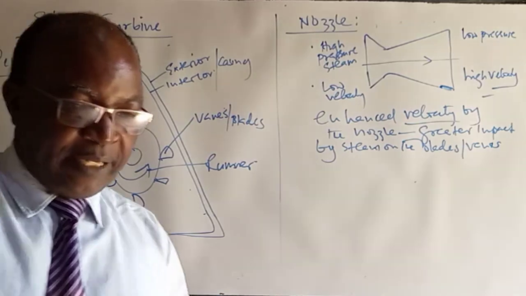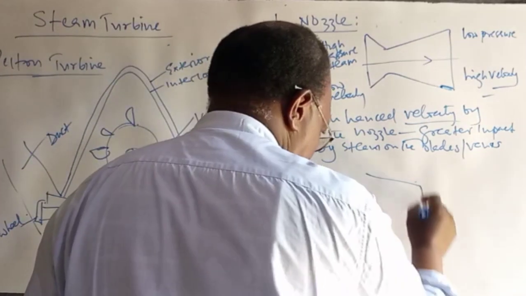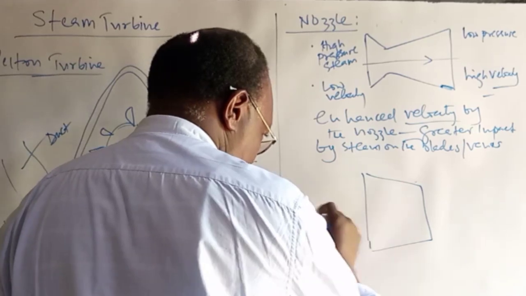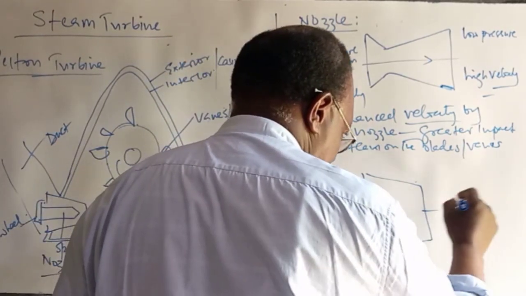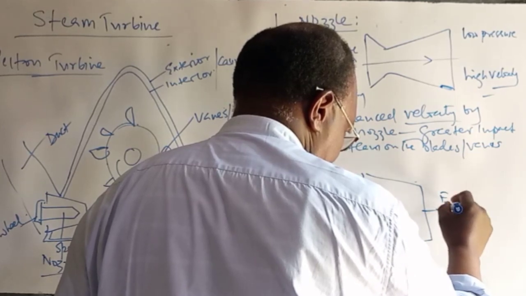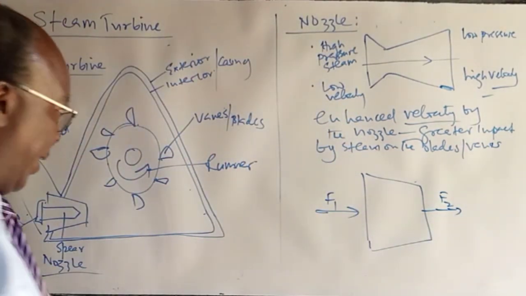Now, let us look at it. How does this happen? If we take, for example, that we have this nozzle, fluid in, let's call it F1, fluid out. So it can be gas or liquid. Let's just take that example there.